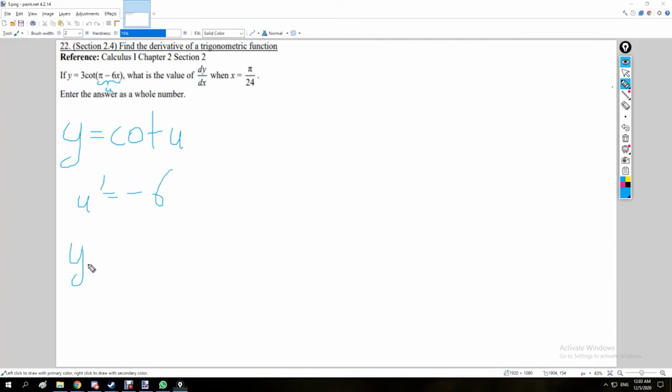So here the rule says that y prime is equal to minus u prime times cosecant squared u, which is equal to minus 6 cosecant squared of pi minus 6x. So we'll substitute pi over 24 into this equation.